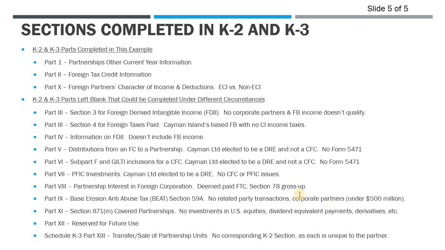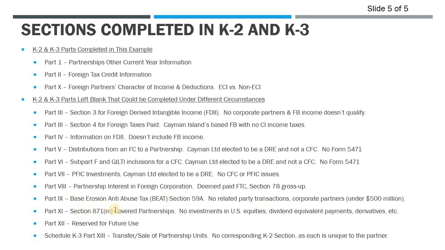It also applies only to corporate partners with a lot of money, right? If you look at Section 59A, the definition of applicable taxpayer is a corporate partner that has over $500 million in gross receipts, right? So 59A was put in place to really target those big mega companies. That is not us. That is not our fact pattern. Okay, so that's why we're leaving Part 9 blank.